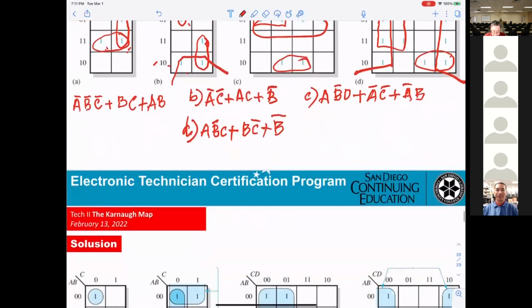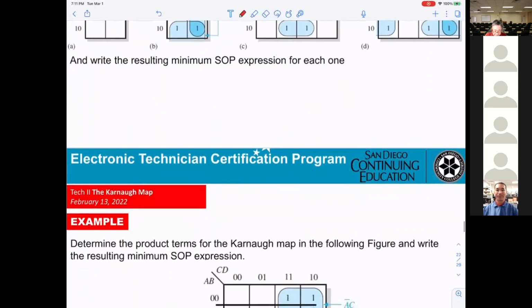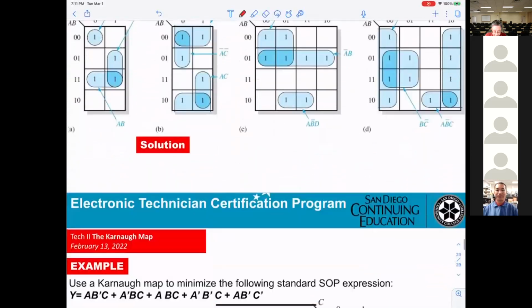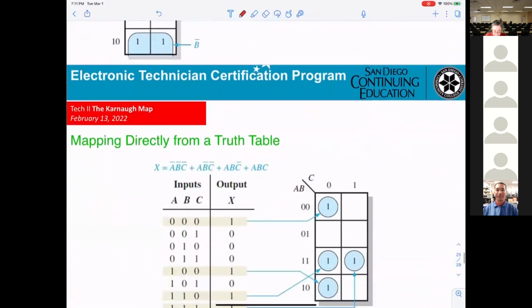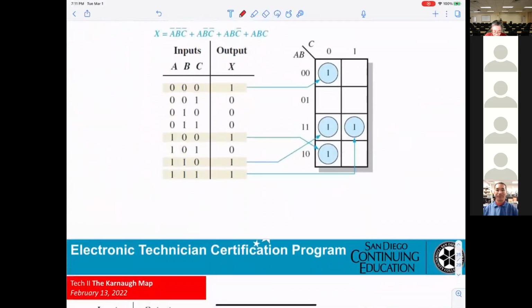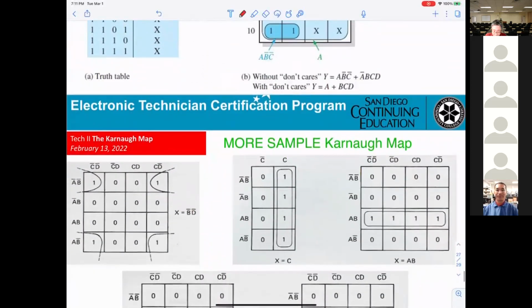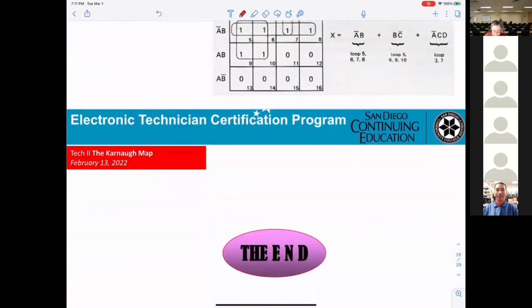No question? Okay, that's just a sample for you guys to look into. See how they look.